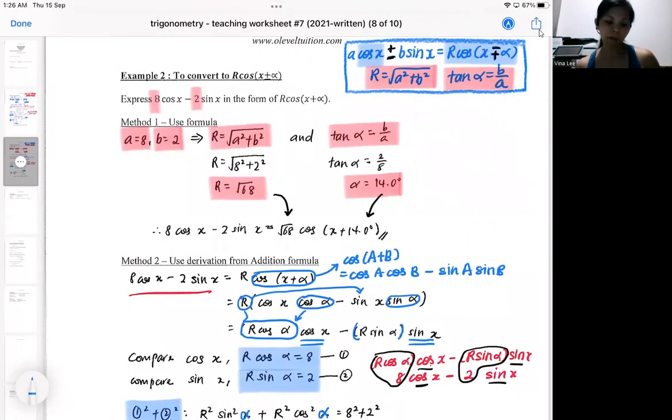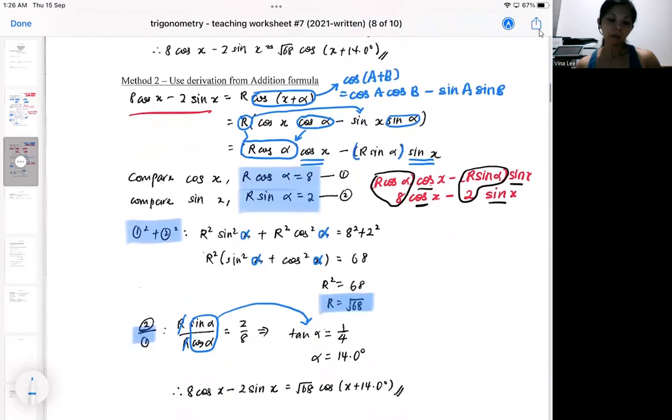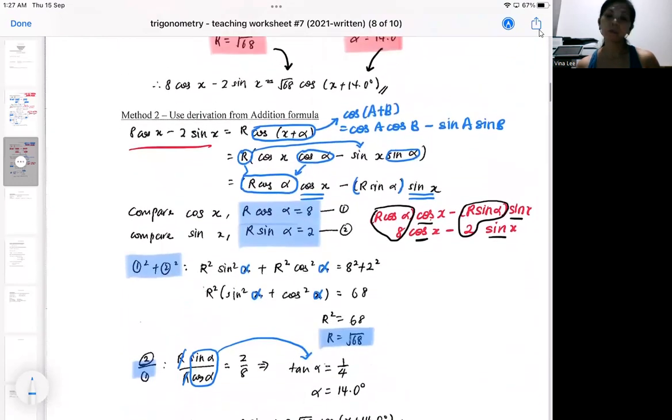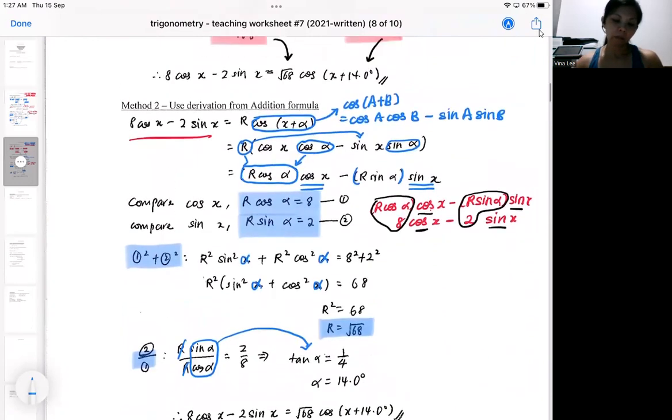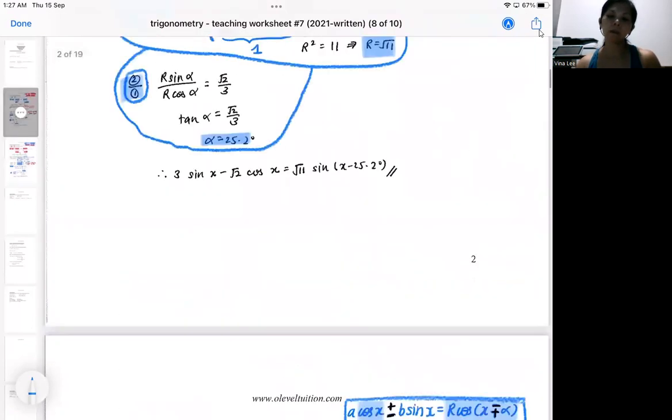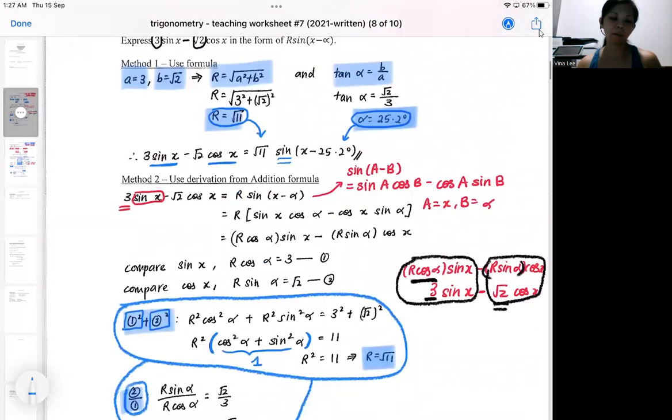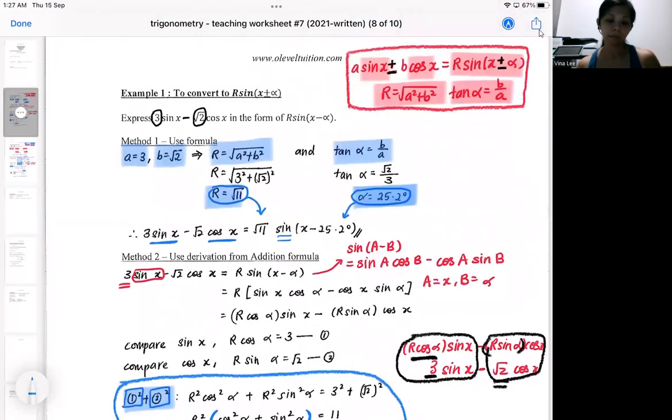It's just that method 1 has no derivation, we go direct. Method 2, the derivation comes from the addition formula. So there are two R formulas, one for the sine function, one for the cosine function. You have two methods to convert, method 1 or method 2.